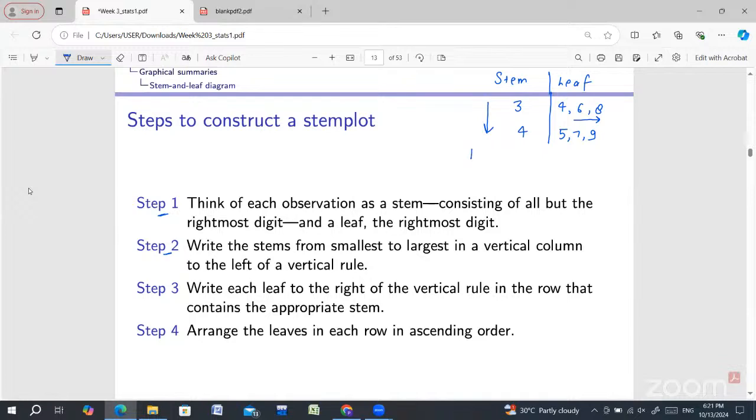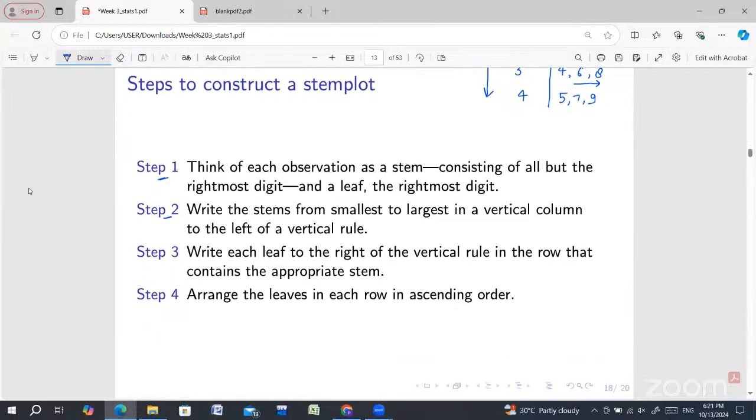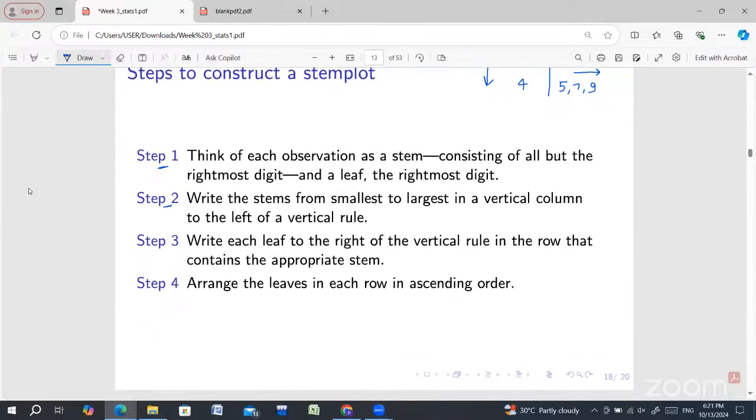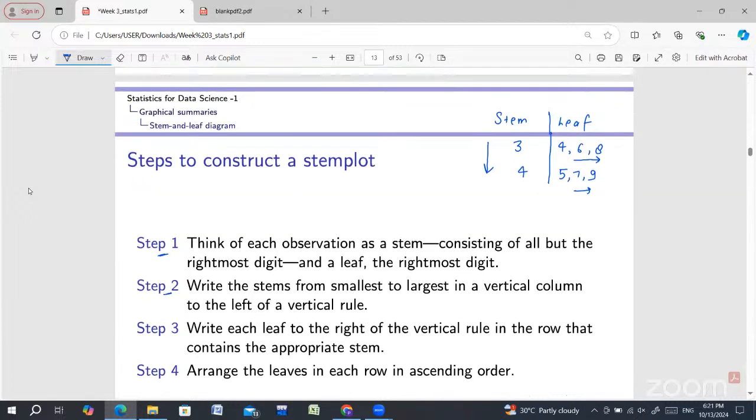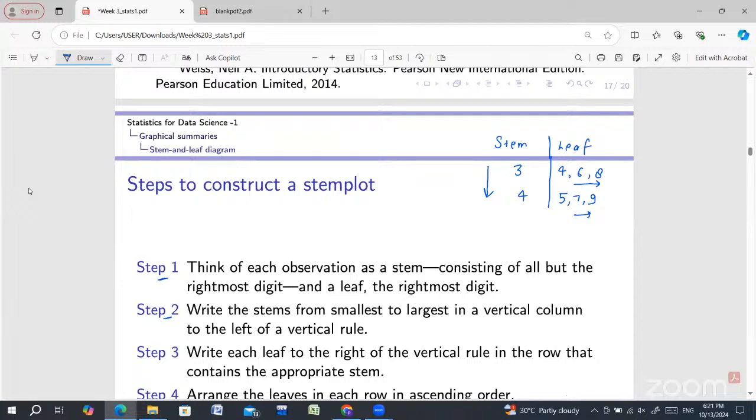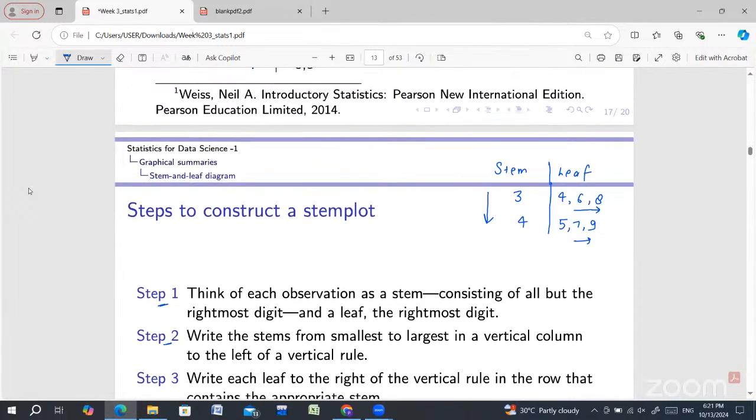We should not write 4 in the first place and then 3. And then write the leaf part, also in increasing order. So in this way, we make a stem and leaf plot.